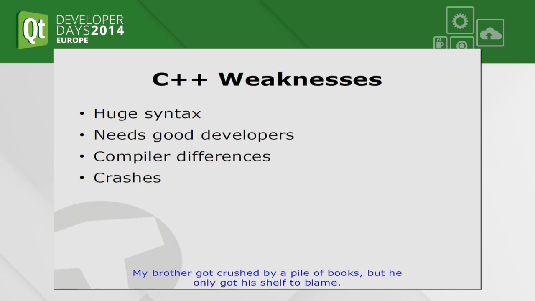And the reason is that a lot of companies have to employ junior developers, and C++ is a hard language for junior developers. And those of you who are great C++ programmers might disagree, or you might be senior enough to really agree with this. C++ really needs good developers, and if you haven't read Scott Meyers' Effective C++ books, for example, do it. C++ also will crash the entire application, and QML usually doesn't do that.